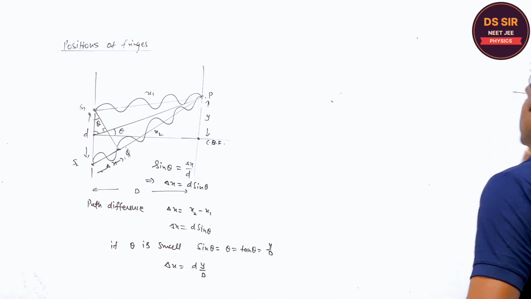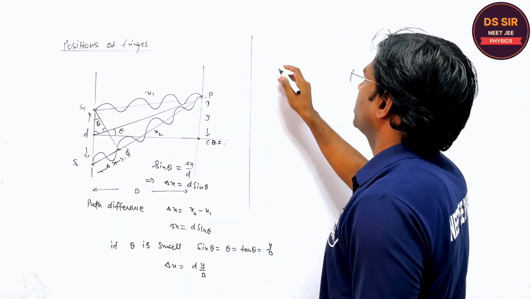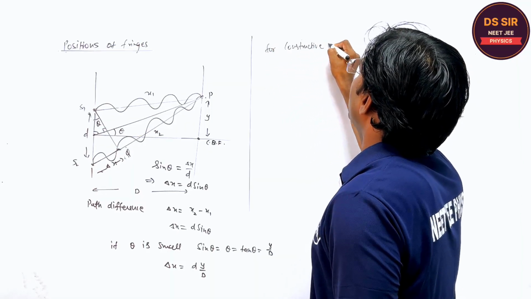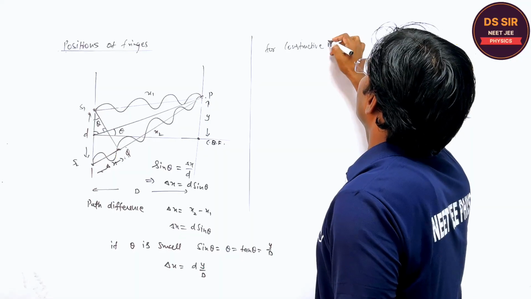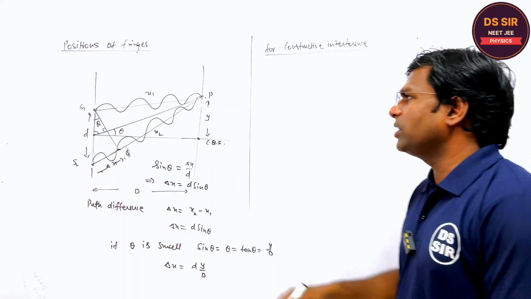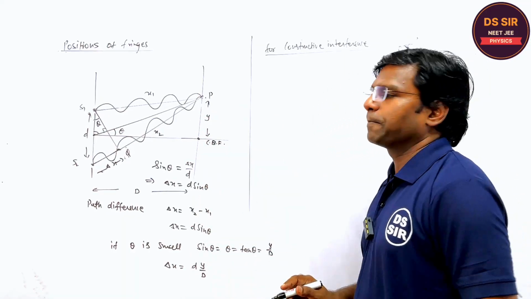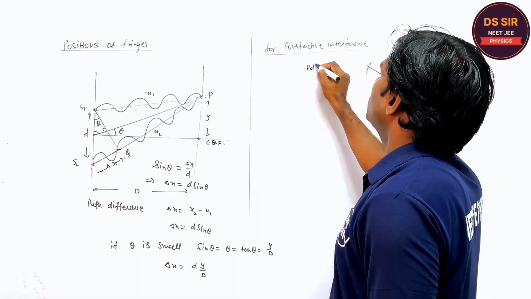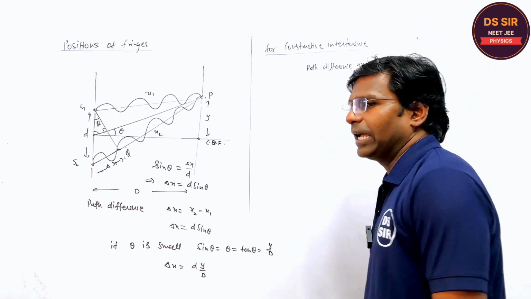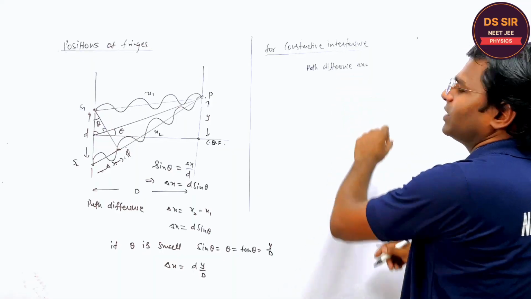Now, if this point P is the position of constructive interference, meaning the intensity is maximum at this point, what should the path difference be? Yesterday I calculated the path difference relation.